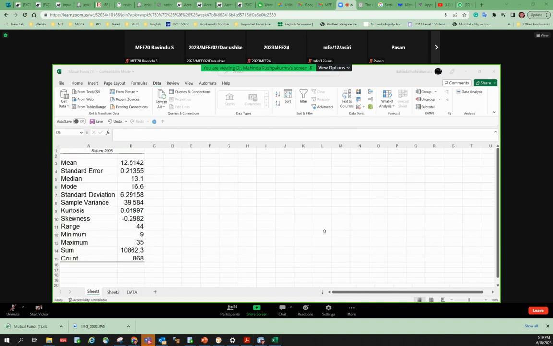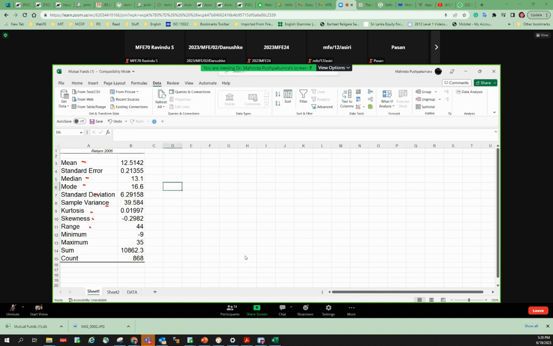Okay, here, please go through these findings. We have discussed all these measures: mean, median, mode, standard deviation, sample variance, kurtosis, skewness, range, minimum, maximum.